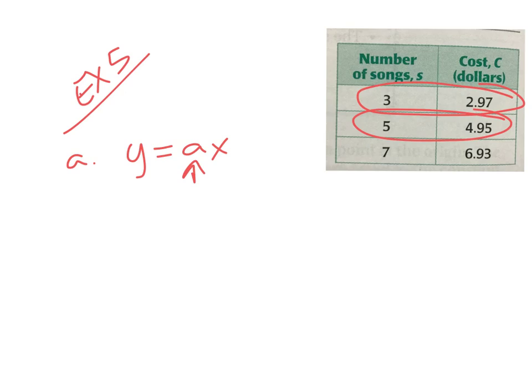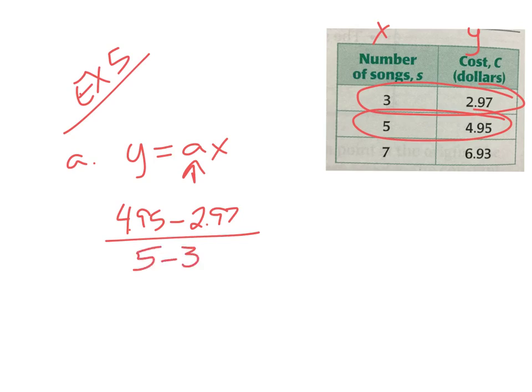And you can say, this is x, this is y, so I can do y2, which is 4.95, minus y1, 2.97, over x2 minus x1. You guys remember that equation? Yeah. Okay, that's all I'm doing right here.